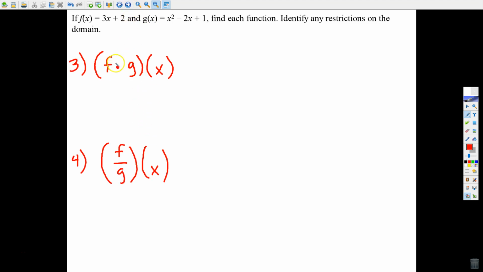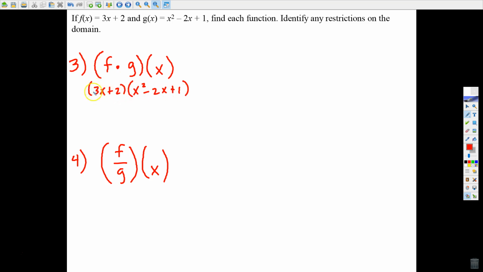Okay, so same functions, but this time we're going to multiply them together. So this is a binomial, the f function, times a trinomial, the g function. And so we'll take this f function and we're going to distribute both 3x and 2.